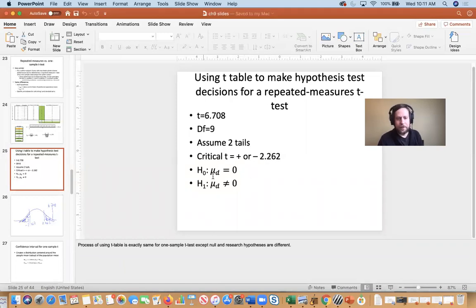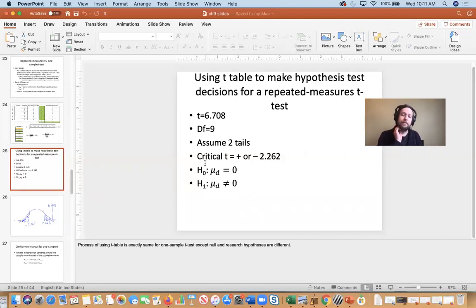And I'll remind you that the null hypothesis is that mu sub D equals 0. That basically means if there's no difference between the attractive and unattractive faces in terms of the amount of time that the infant has been looking at them, then on average, we should expect the difference scores to equal 0. Because if the infant is looking at the attractive face for 5 seconds and the unattractive face for 5 seconds, that is, if there's no difference, 5 minus 5 equals 0.